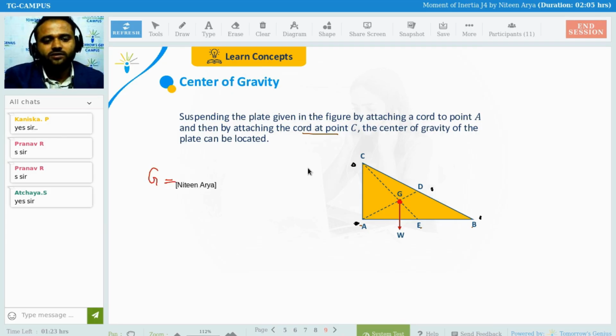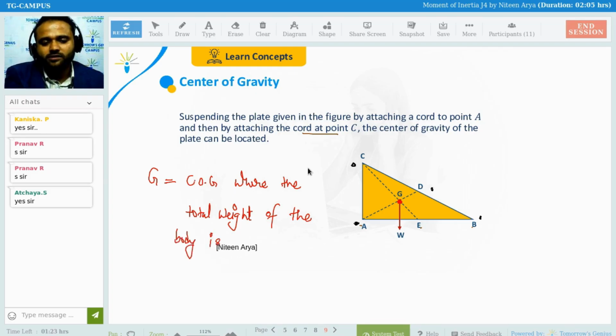G, center of gravity, COG, is where the total weight of the body is assumed to act.